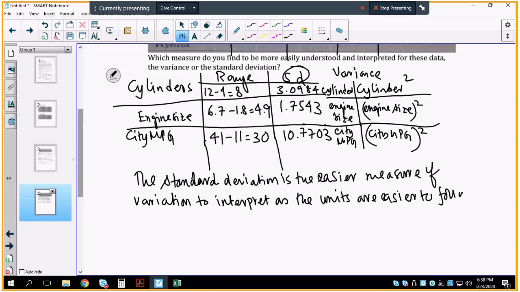And that will answer our question, and we are done with the measure of variation for a distribution. Next time we will start with z-score and standardization of data.